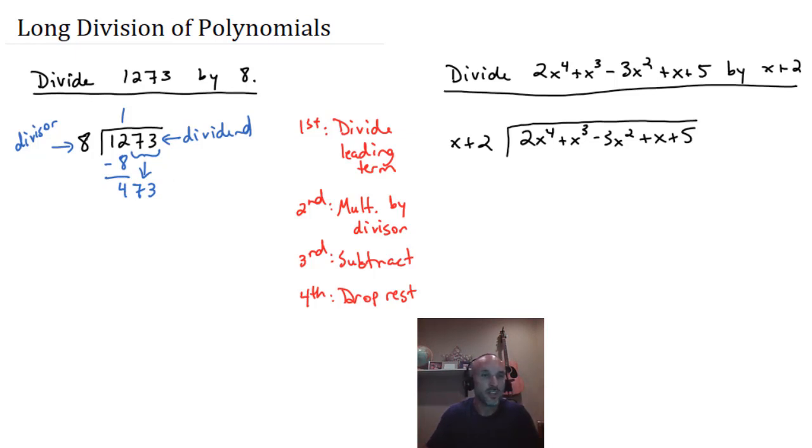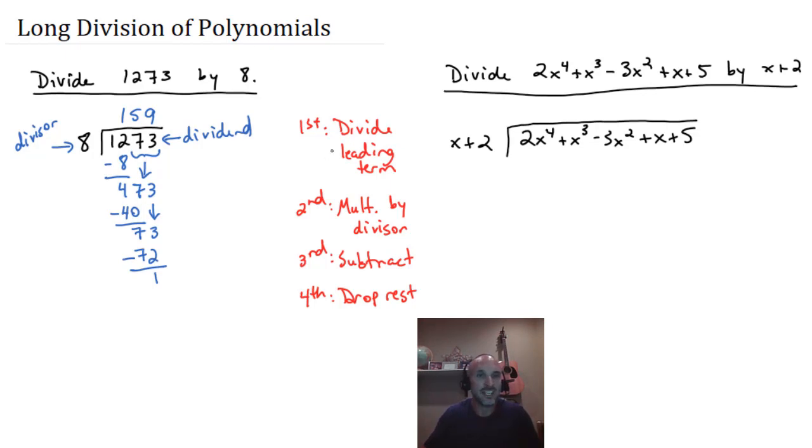So we start over. 8 goes into 47 5 times. Then I take the 5 and I multiply by the divisor 8 to get 40. And I subtract to get 7. And I drop the 3 down here. 8 goes into 73 9 times. 9 times 8 is 72. Subtract, and I get 1.